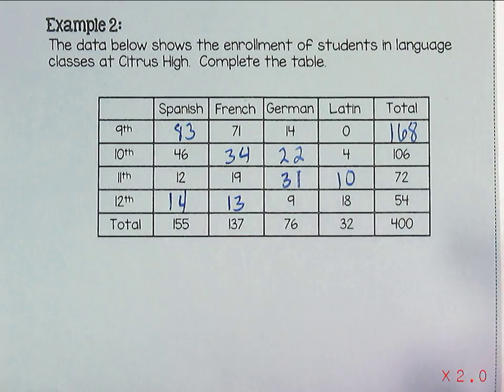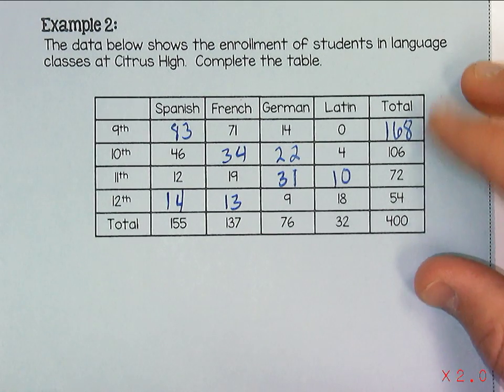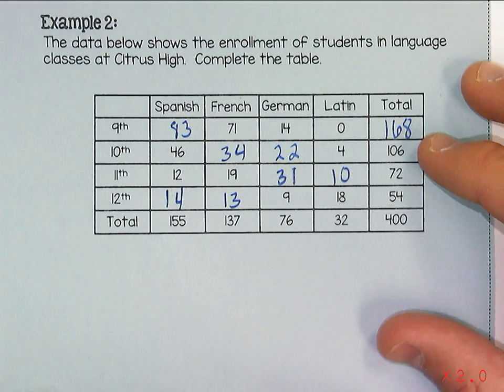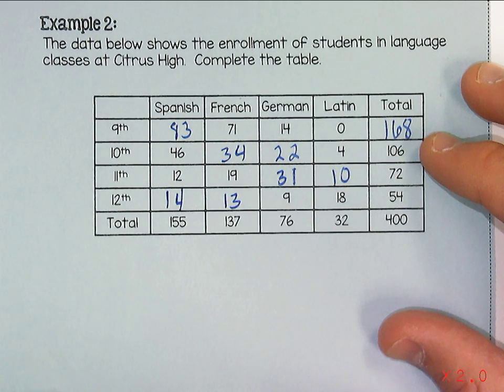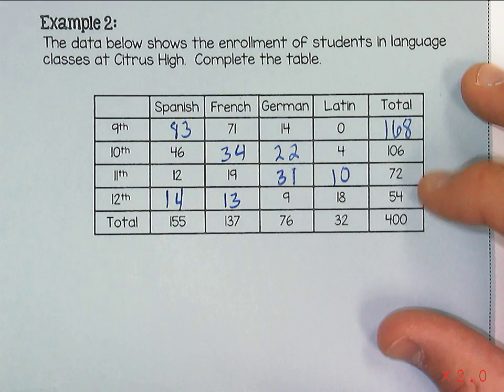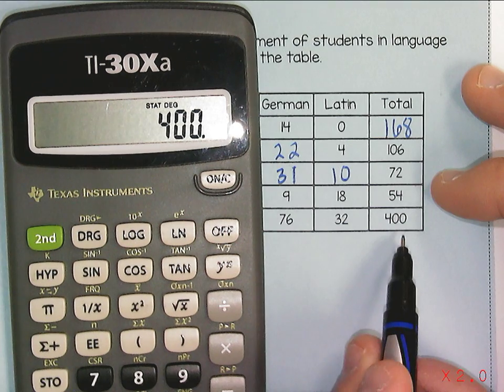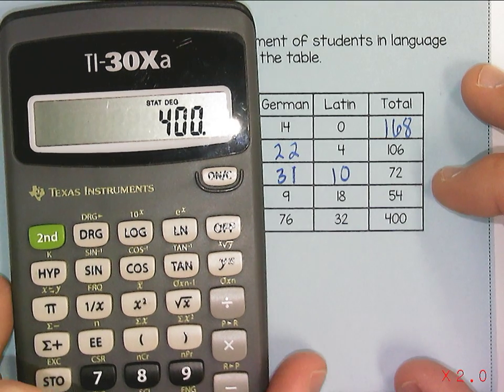And just in order to make sure I have the correct numbers here, I'm going to add down this marginal column and see that that adds up. So if I do 168 plus 106 plus 72 plus 54, I get 400, as you can see, and that's what I need here in the grand total.